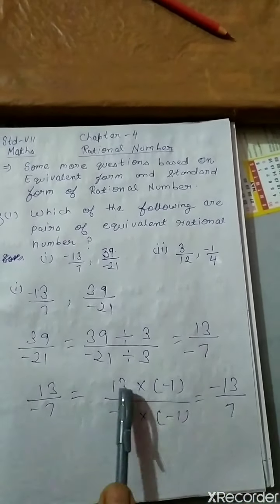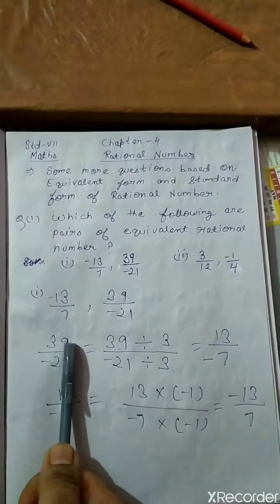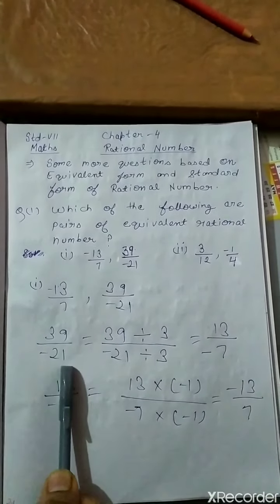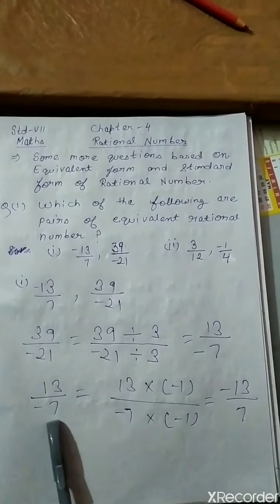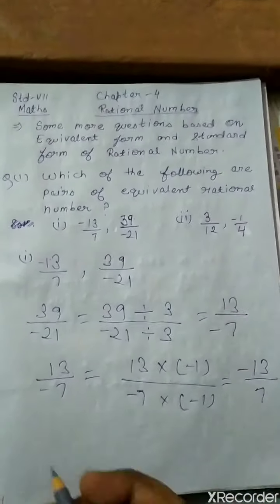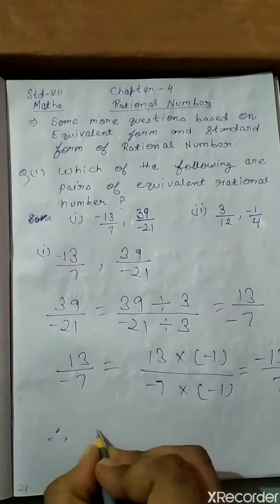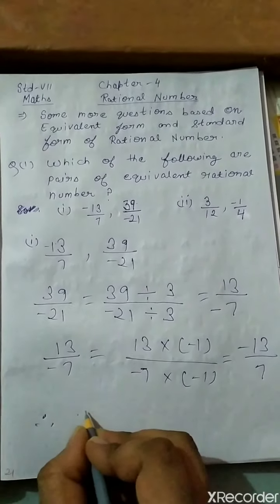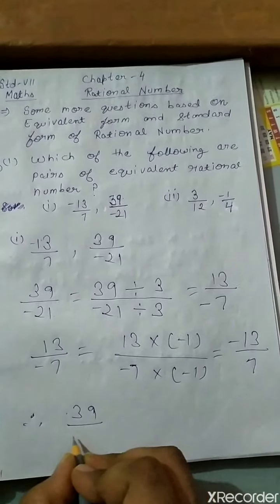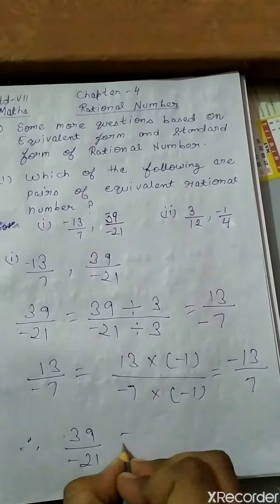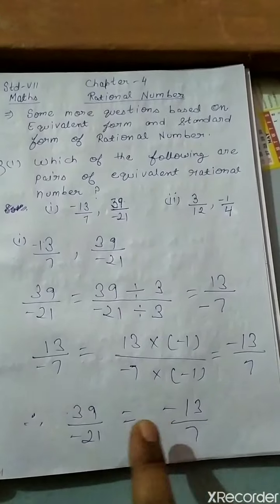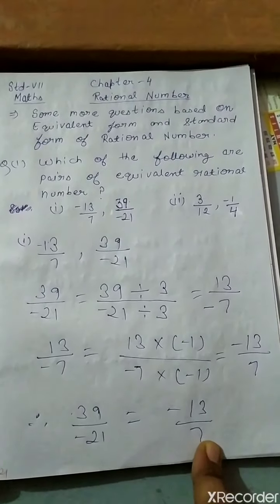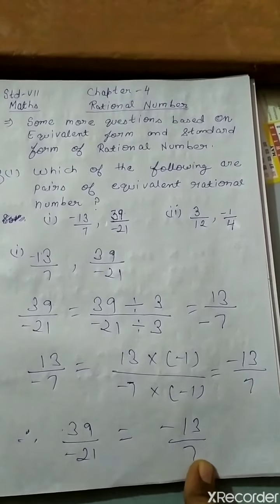So this way you have seen that 39 by minus 21 is equal to 13 by minus 7, and 13 by minus 7 is equal to minus 13 by 7. Therefore we can say that 39 by minus 21 is equal to minus 13 by 7. That means they are equal, and they are an equivalent pair of rational numbers.